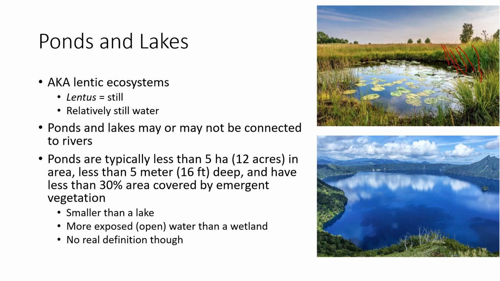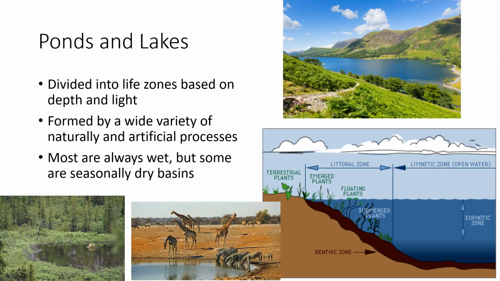So ponds are smaller than lakes, lakes are bigger. Okay. In this class, we're going to use the terms pretty much interchangeably because we're going to be talking about them as one unit, as they function similarly as ecosystems. But when I say a lake, you know what a lake is. When I say a pond, you know what a pond is.